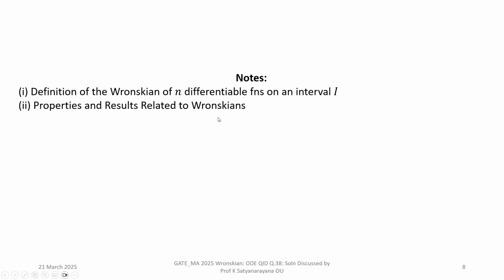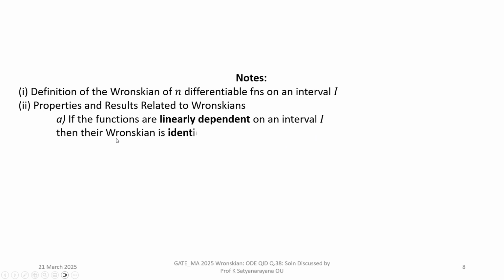A very important property is that Wronskians are used for deciding whether the given functions are linearly independent or linearly dependent on an interval I. And many times we talk about linear dependence and independence of differential equations also. So, A, if the functions are linearly dependent on an interval I, then the Wronskian is identically 0 on that interval.